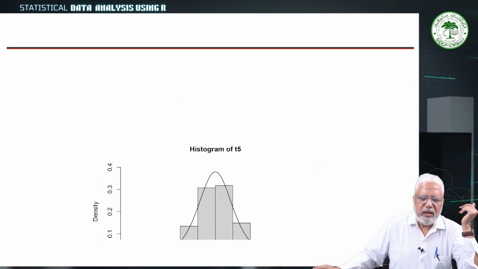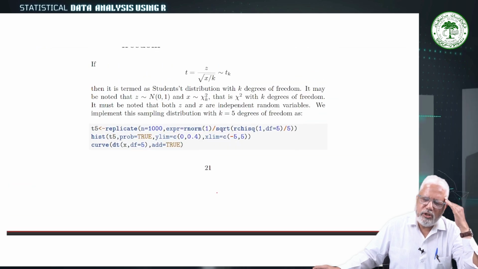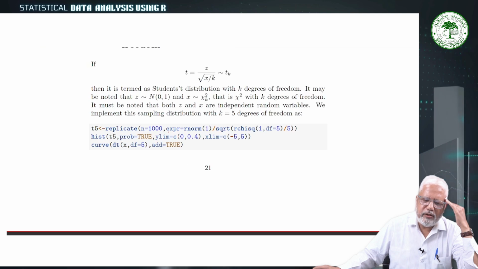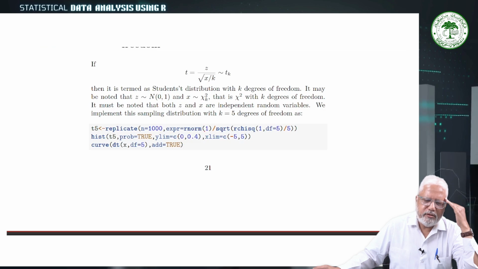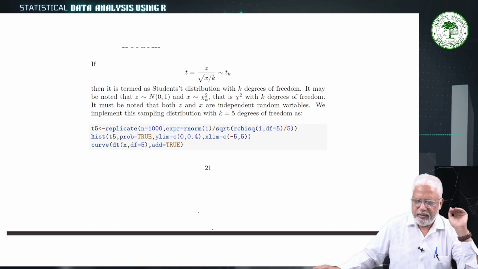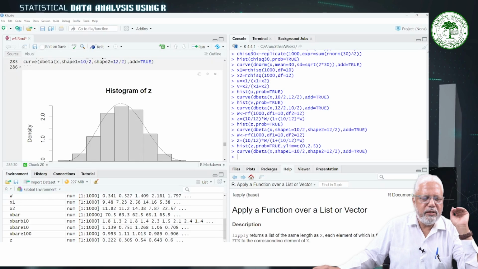Suppose instead of 5 degrees of freedom, we simulate observations from 100 degrees of freedom. So see what will happen and what will be the effect on the result.